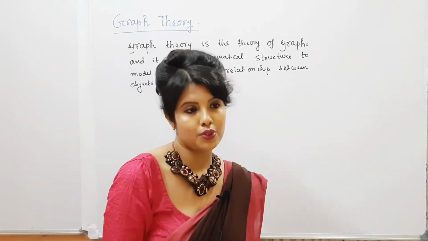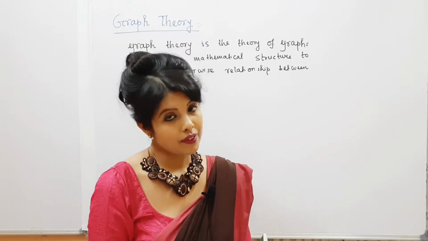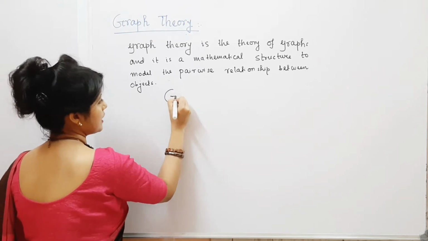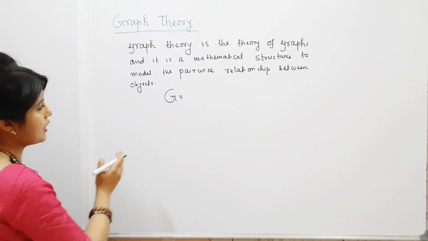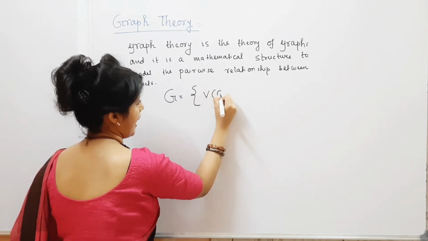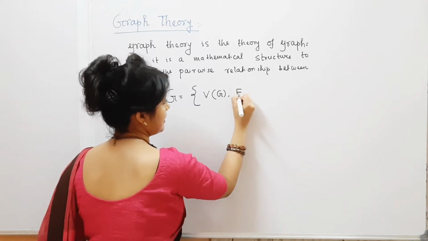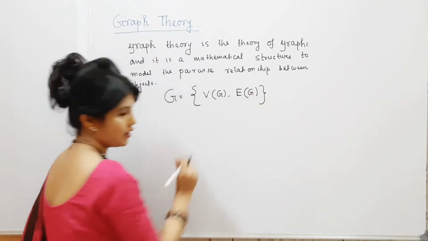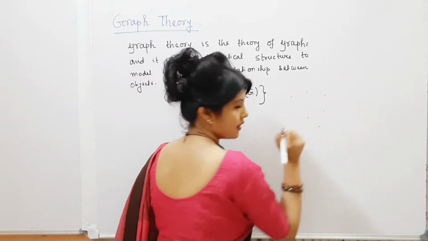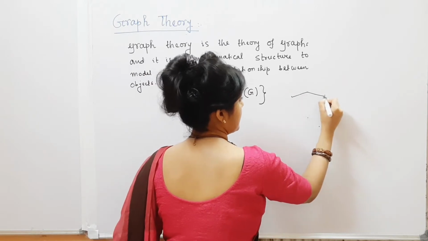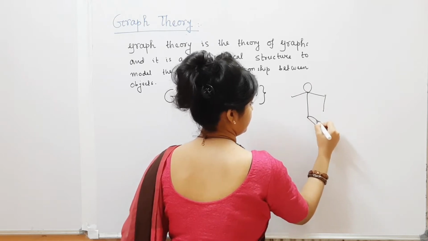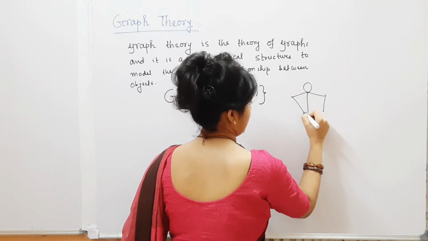It is used to model a pairwise relationship between objects. Mathematically, a graph can be written as G, and it should have a set of vertices and a set of edges. There may be some vertices and there may be some edges.